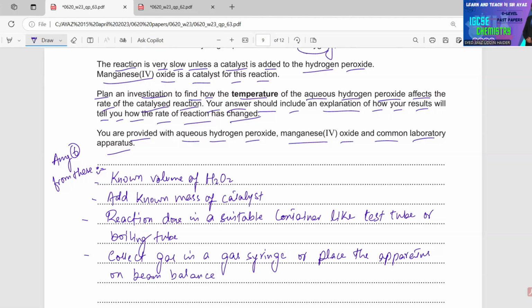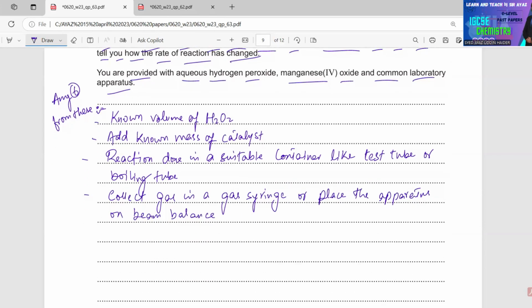Now, next step, in case of gas, you will measure volume after set time.